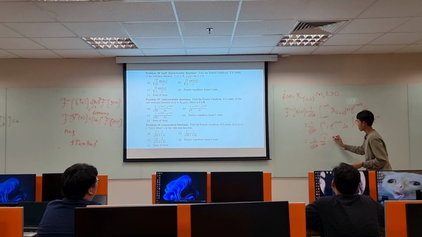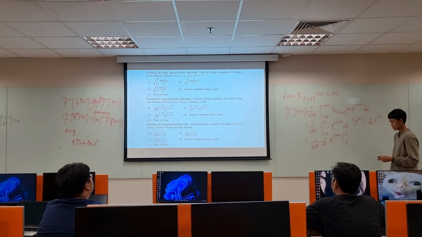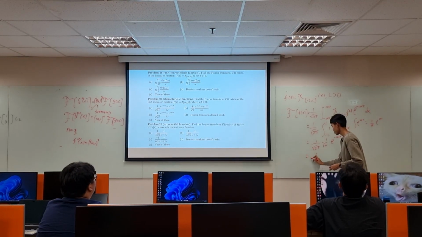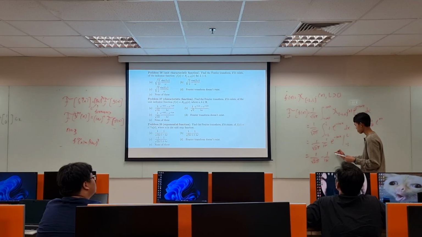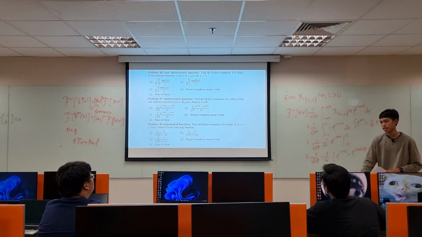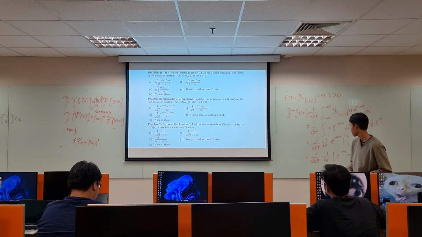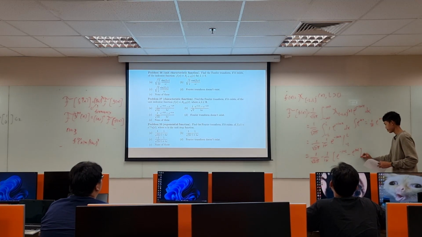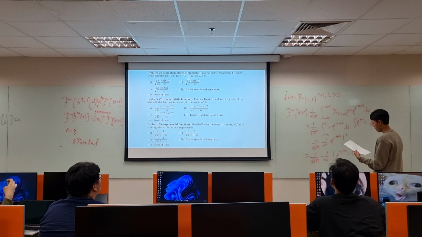So it is 1 over minus i omega times e to the minus i omega x from minus L to L. So it equals 1 over square root of 2 pi times minus 1 over i omega times e to the minus i omega L minus e to the minus i omega times minus L. Which is going to be i omega L.